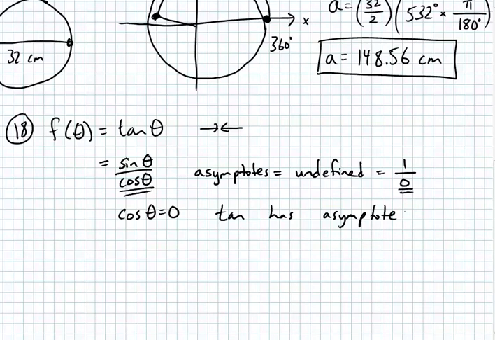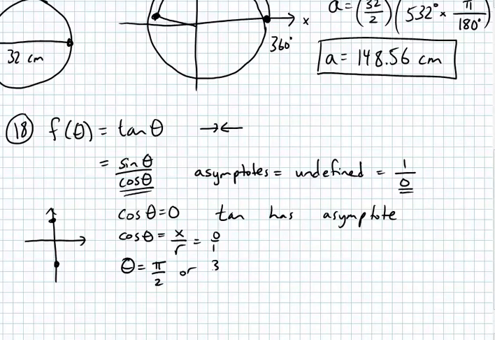So when does cosine equal 0? Well, cosine is x over r, so that'll be 0 when x is 0. On the unit circle, x is 0 at 90 degrees and 270 degrees. So the angle would be, in radians, pi over 2 or 3 pi over 2. Every 90 degrees is the same as pi over 2.